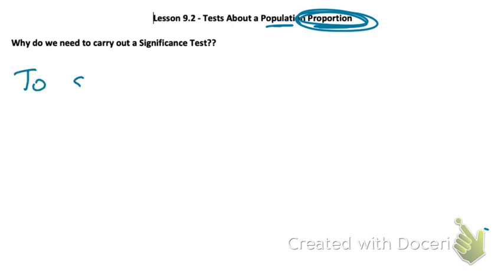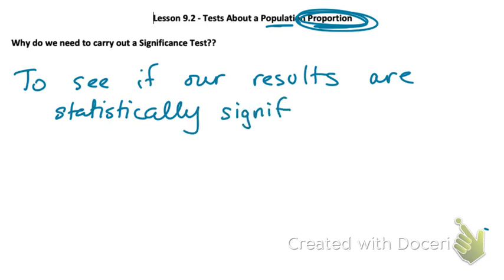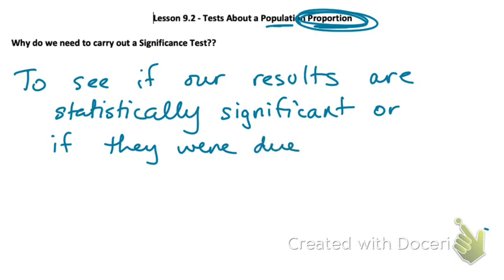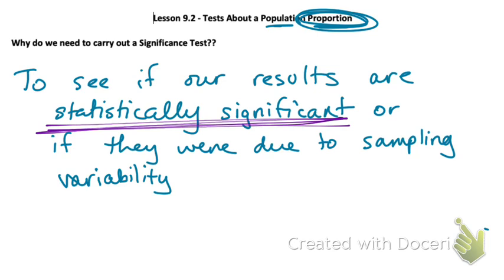It is to see if our results are statistically significant or if they were due to sampling variability.